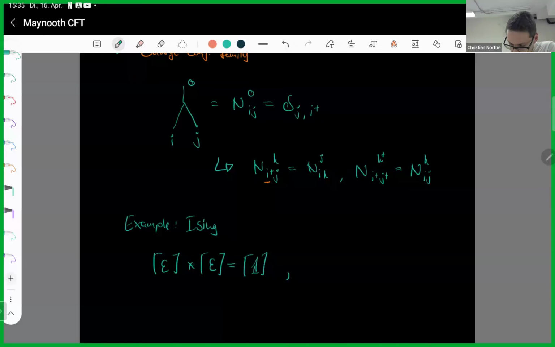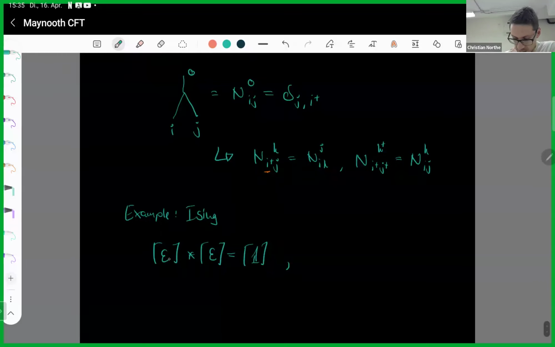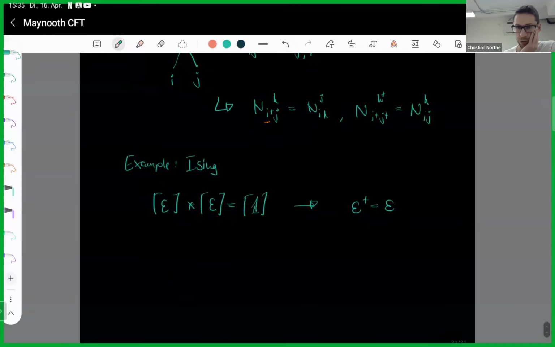The first one is epsilon and epsilon. You see from here that epsilon fuses with itself into neutrality, into the identity field, meaning that epsilon conjugate is the same as epsilon. So that's the charge conjugate field. So it's sort of real, quote unquote. Let's not call it truly real, because that's not what it means.